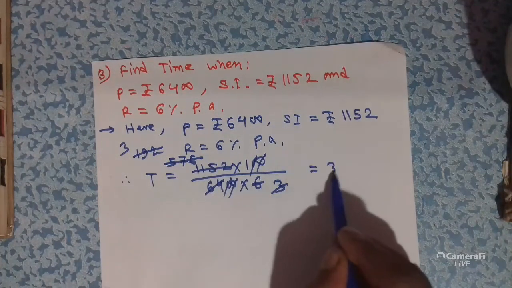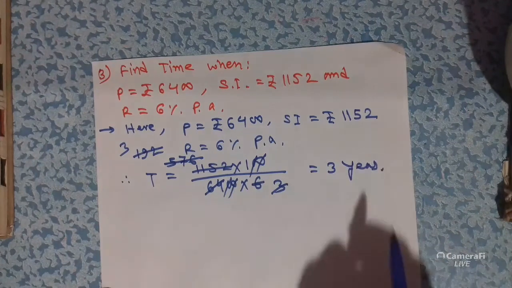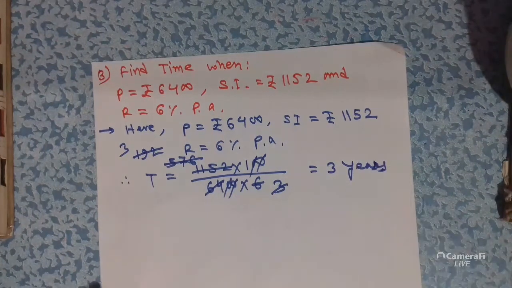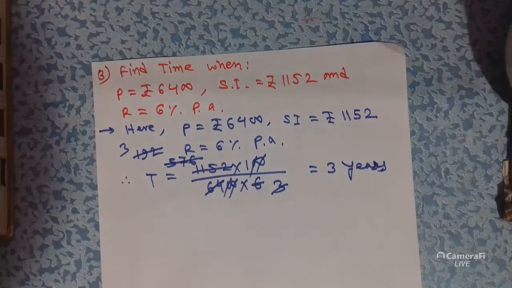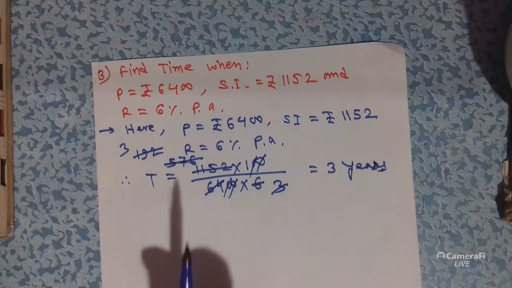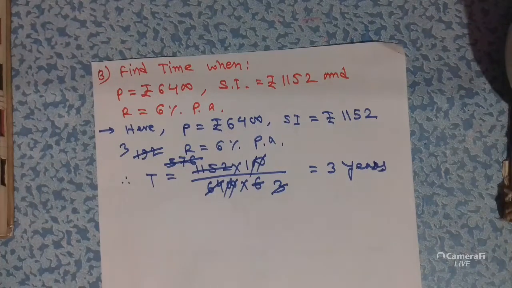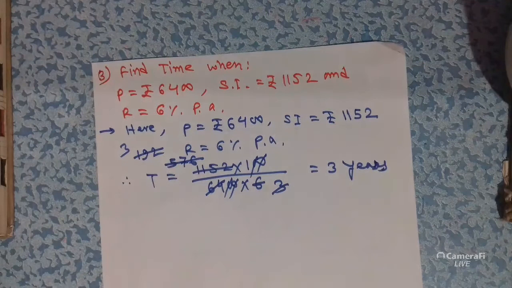So it is equal to 3 years. So time is equal to 3 years. So by using this formula, that is T is equal to simple interest multiply 100 by principal into rate of interest, we can find the time.